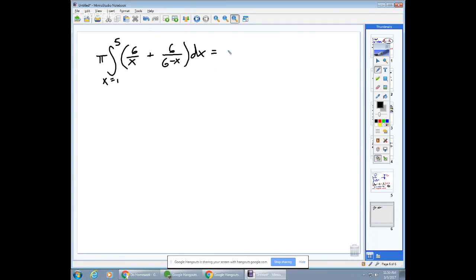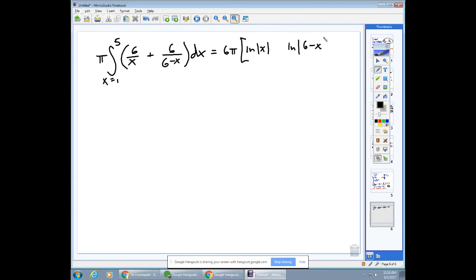So antiderivative here, I'm going to pull the 6 out now. So I'm going to have a 6 pi on the outside. And then antiderivative of 1 over x is just the natural log of the absolute value of x. And then here, I'm pulling out the 6, so that's a 1 over. I'm going to have a natural log of the absolute value of 6 minus x.